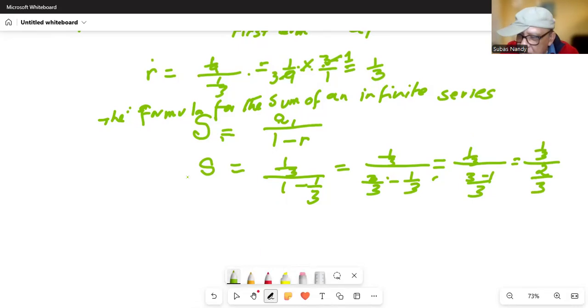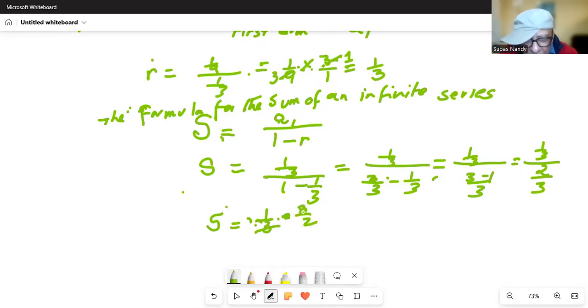So S is equal to 1/3, like I explained before. When you divide by a term in the denominator and you bring it up to the numerator, it flips or reverses. So 2/3 becomes 3 over 2, and we multiply: 1/3 times 3 over 2.